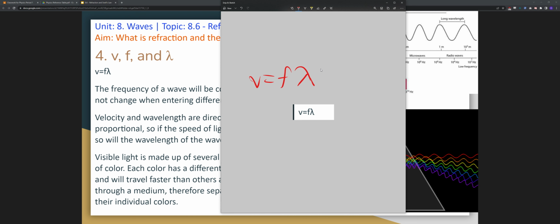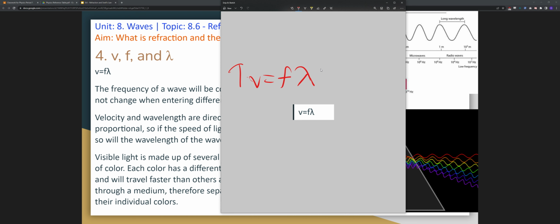I'm sorry, I said frequency changes. I mean speed. Speed changes. So the speed of the wave changes as you go from one medium to another. That must mean one of these values must also change. I'm going to tell you right now that the frequency of your wave does not change.